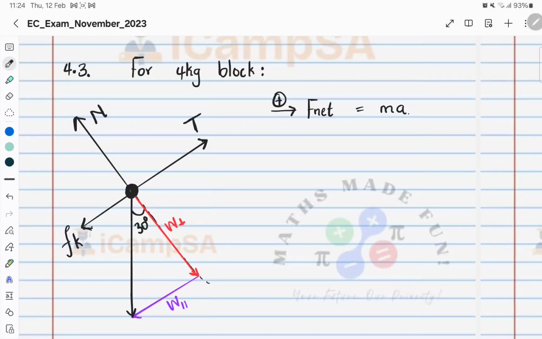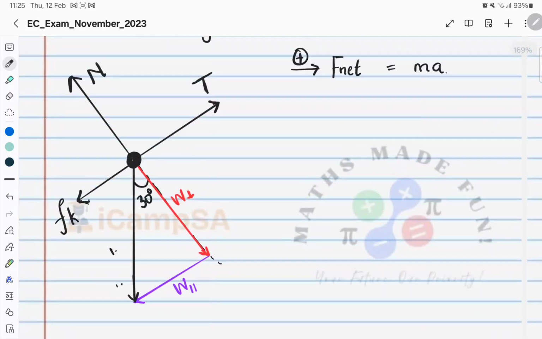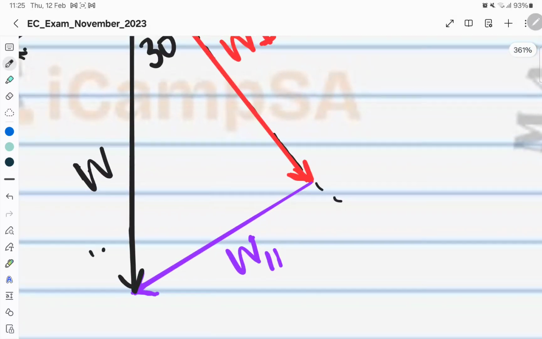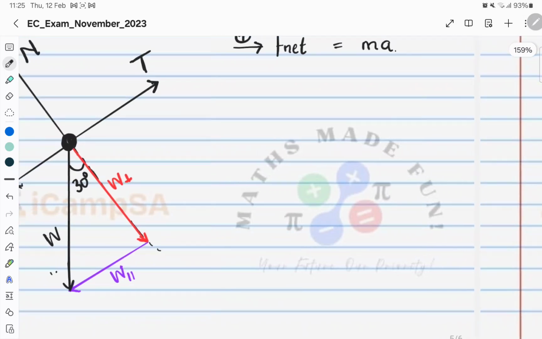The system is going to the right, so I'll choose right as positive. Anything opposite to that direction I will regard as negative. That means my Fk is negative, and the parallel component of the weight will also be negative.